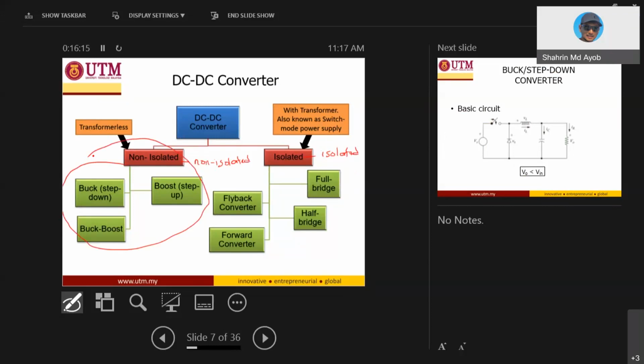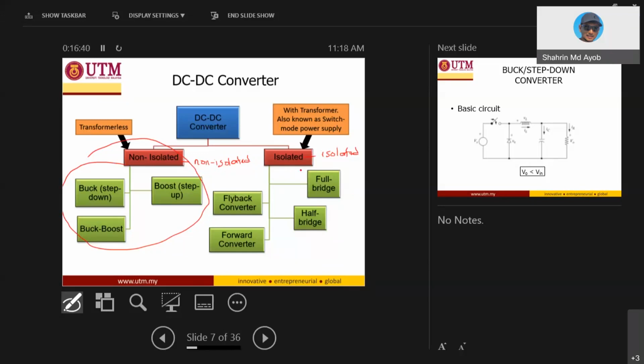Buck converters, which are step-down converters, then boost converters, which are step-up converters, and the last one is the buck-boost, meaning that it can step down and step up. So we only concentrate on these three non-isolated converters.